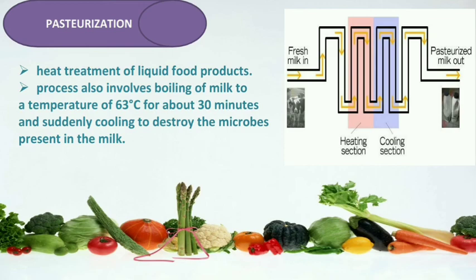The food may also be pasteurized after it has been packaged in a container. For a glass container, hot water is used to attain the desired temperature to avoid shattering the glass. For plastic and metal containers, either steam or hot water may be applied, so that it can destroy the microbes present in the milk.